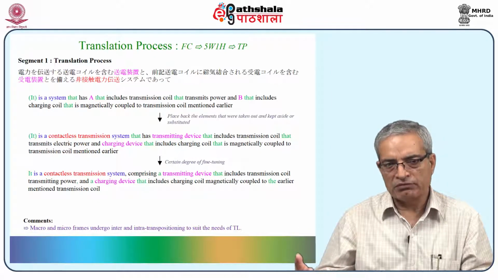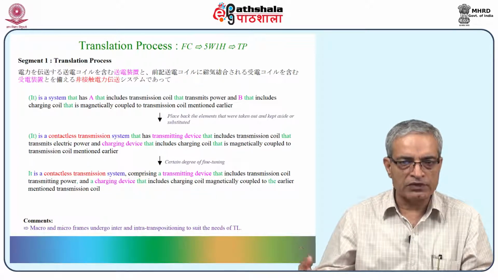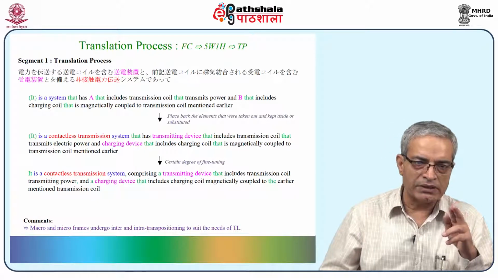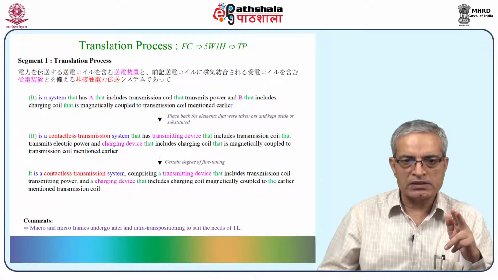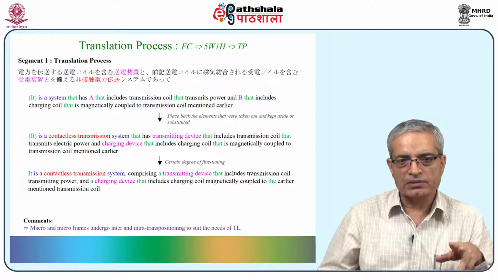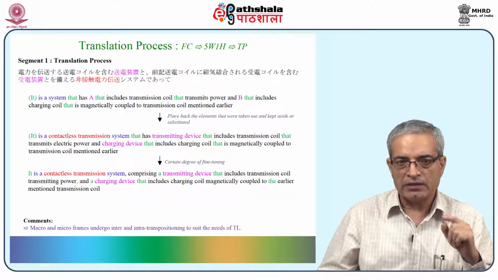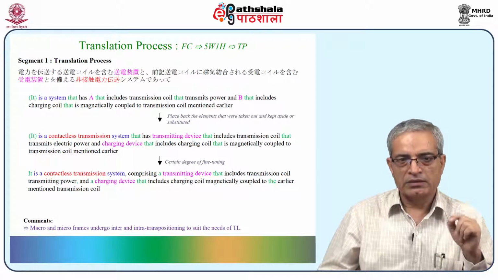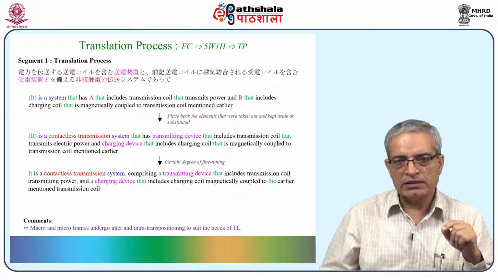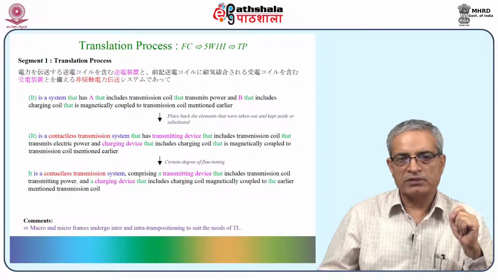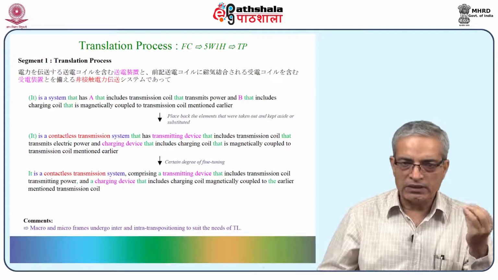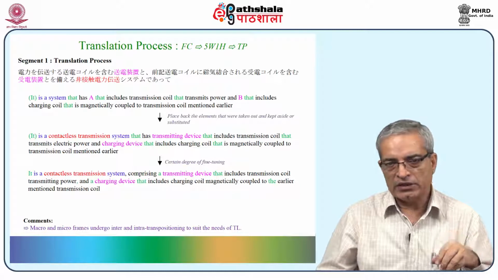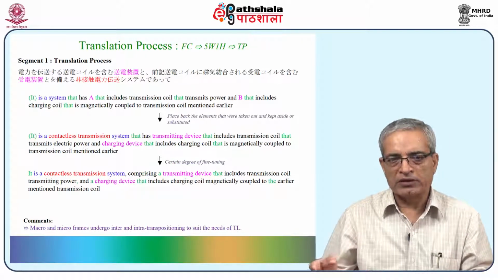Let's see if we can do some fine tuning, and if we put something like, for example, it is put from our side. So it is a contactless transmission system comprising a transmitting device that includes a transmission coil transmitting power, and a charging device that includes, so some fine tuning like 'a' and 'a' coming and 'that' coming here, it makes the flow much better.